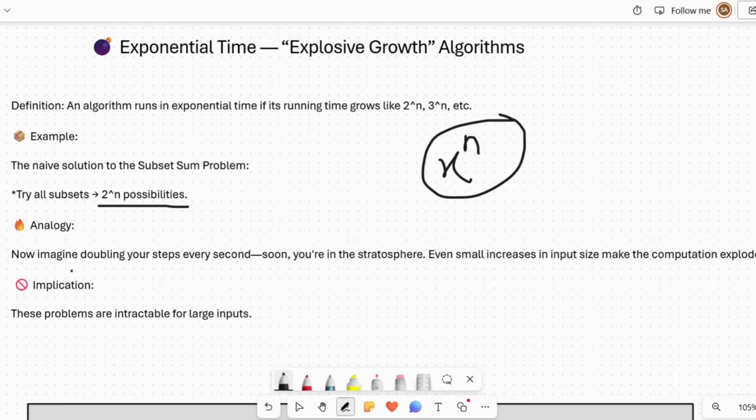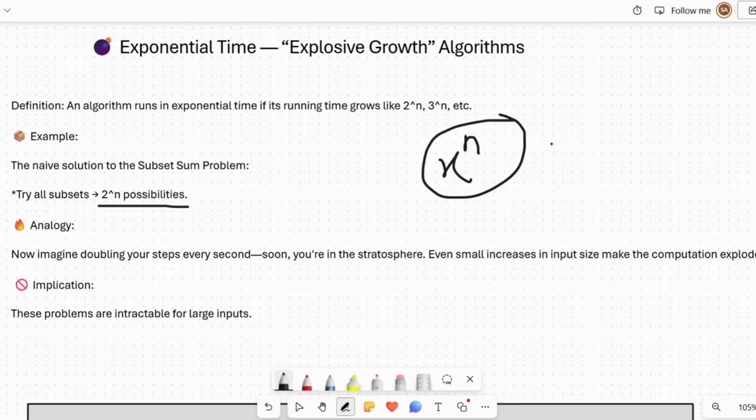Now imagine doubling your steps every second. So you are in the stratosphere. Even a small increase in input size makes the computation explode. These problems are incredible for large input.